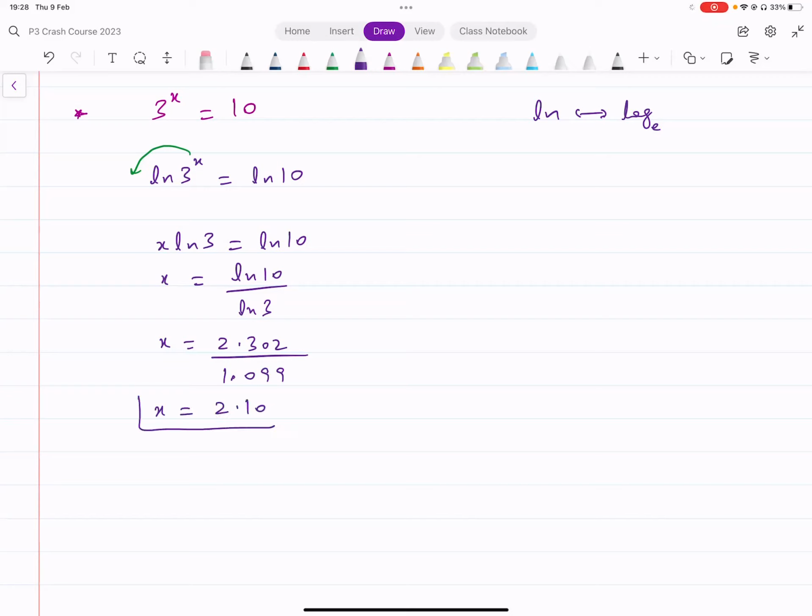So this is the value of x that satisfies the equation that we were trying to solve. If you were to input x equals 2.10 there, that would satisfy this equation.